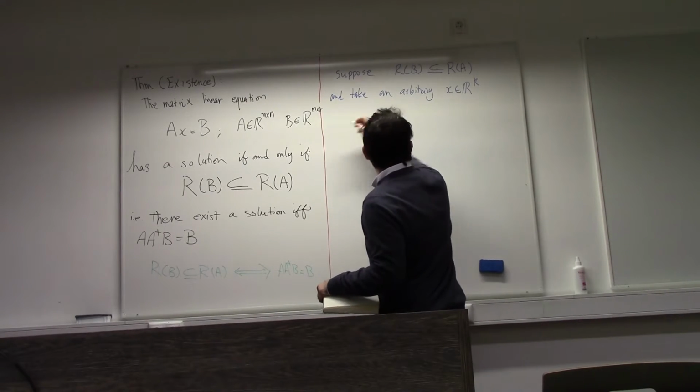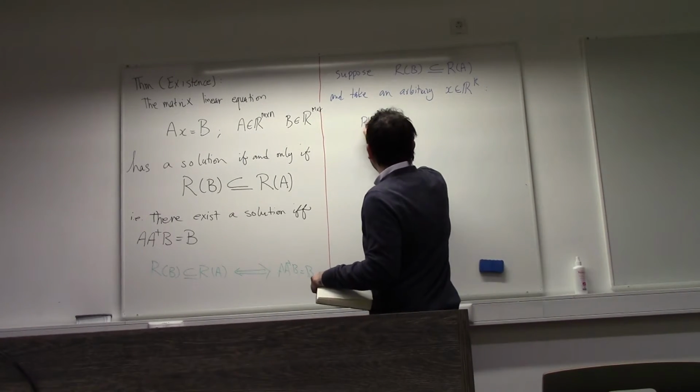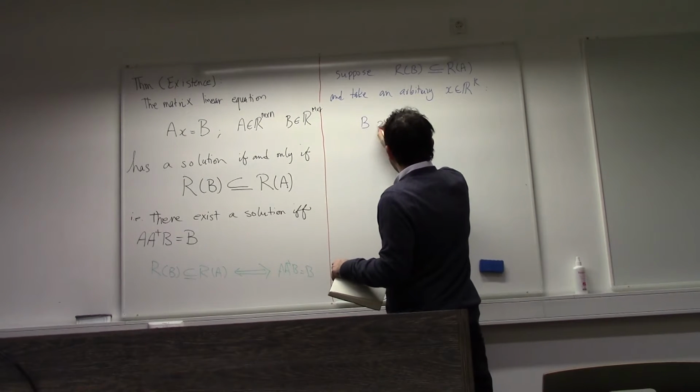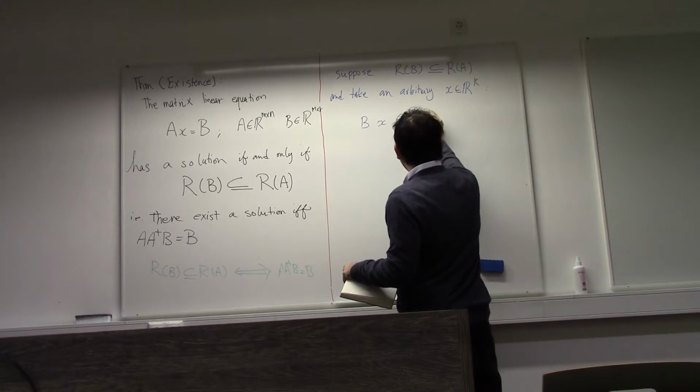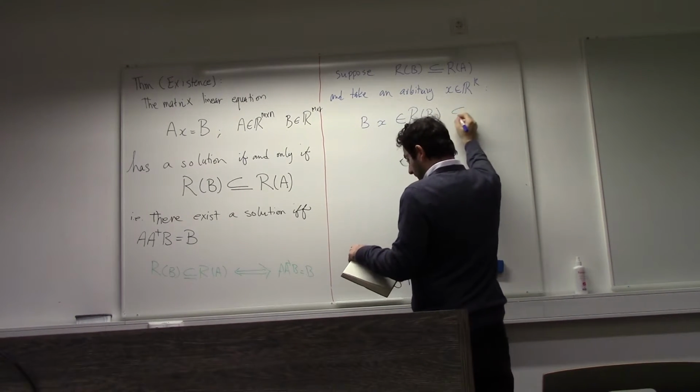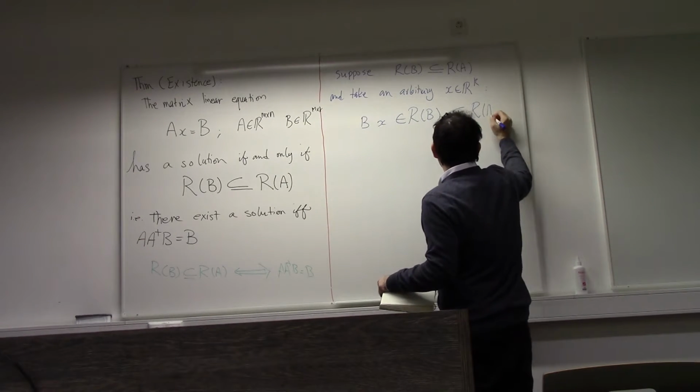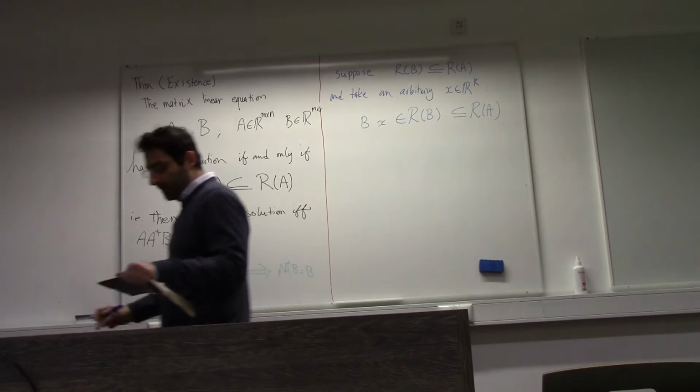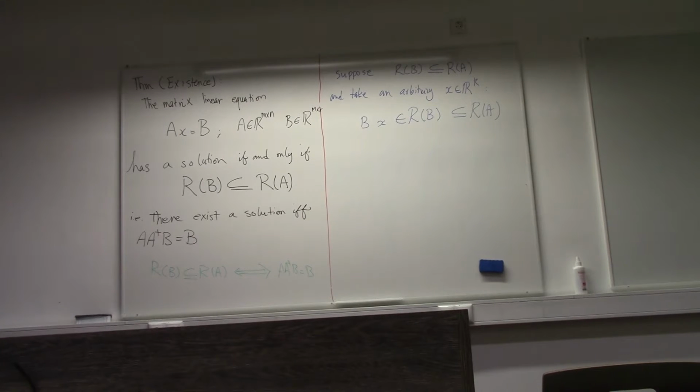Then we have Bx belonging to the range of B, which is, based on our assumption, a subset of the range of A. What does it mean?